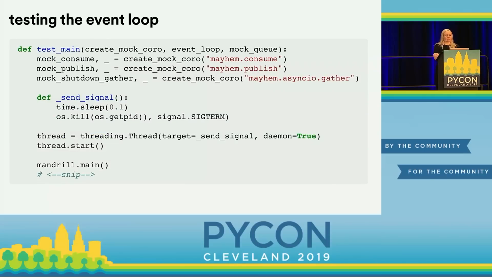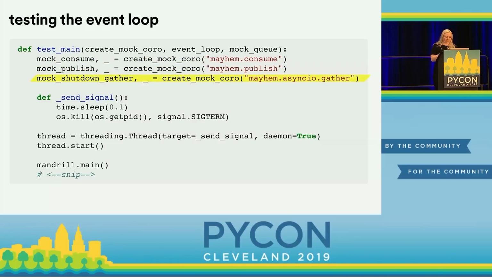And so we write the test_main function that actually borders on an integration or functional test. And we want to make sure, in addition to the expected calls to publish and consume, that shutdown gets called when expected. We can't exactly mock out shutdown with our create_coro_mock, since it will just patch it with another coroutine, and therefore run the coroutine every time a signal is sent, rather than canceling tasks and stopping the loop.